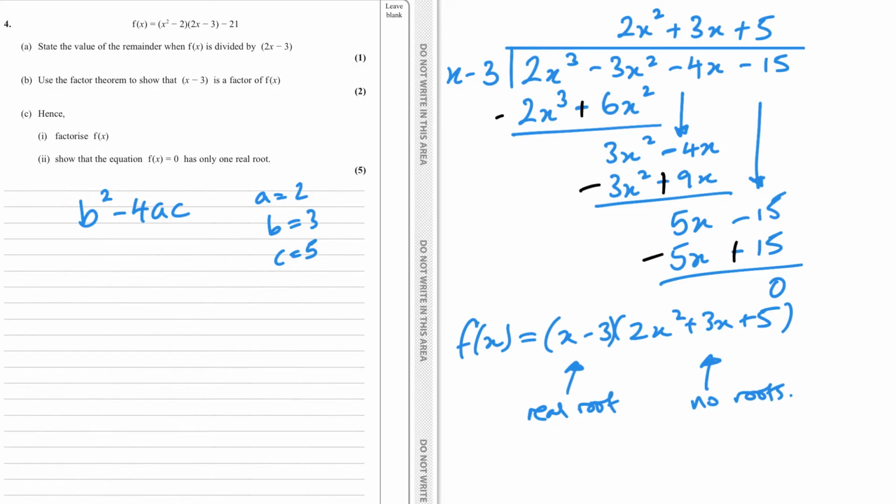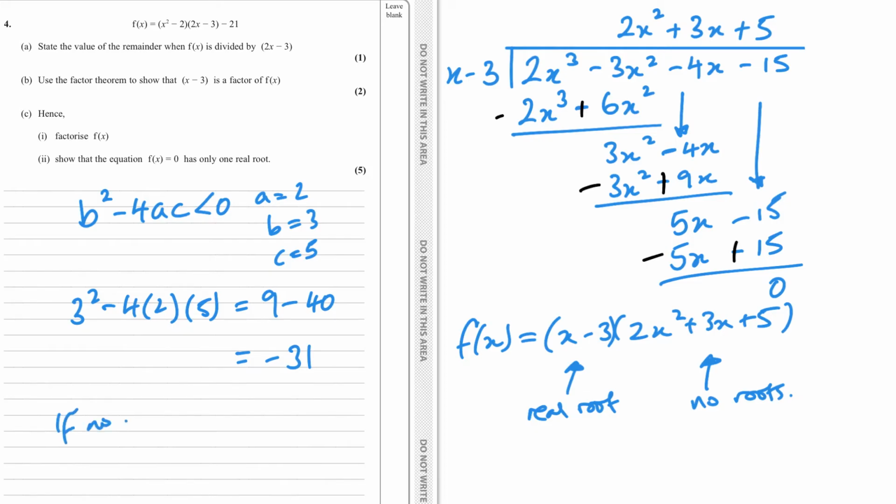So this is going to be 3 squared minus 4 times 2 times 5. So it's 9 minus, we've got 8 times 5, so 40, which is minus 31. Okay, so that's what we want to show. We want to show that this is less than 0.